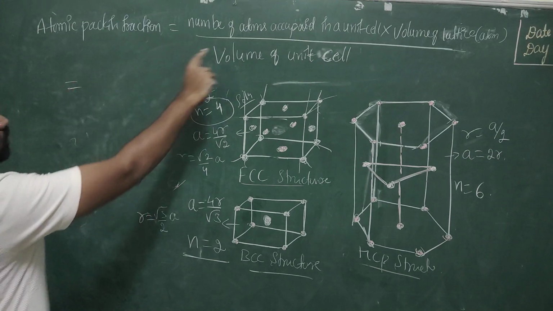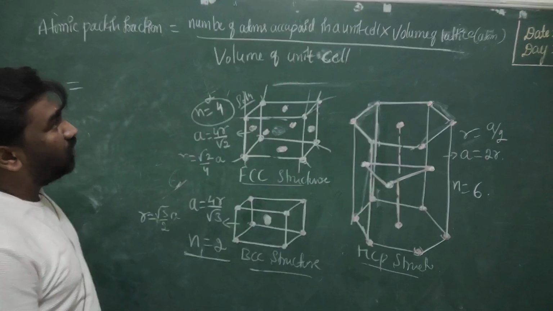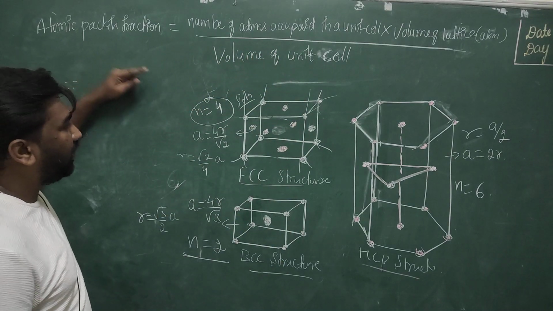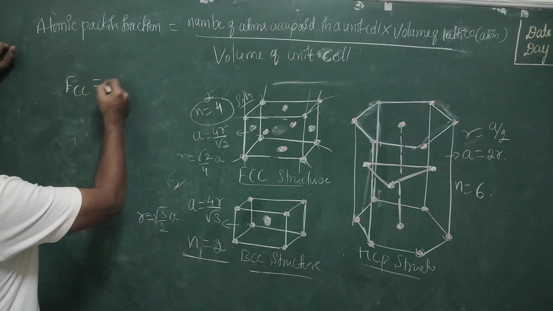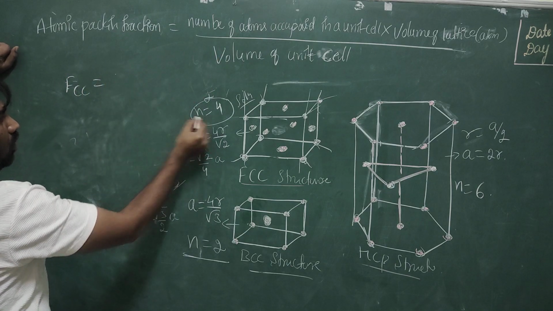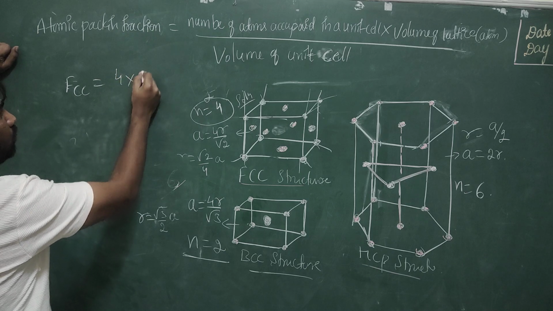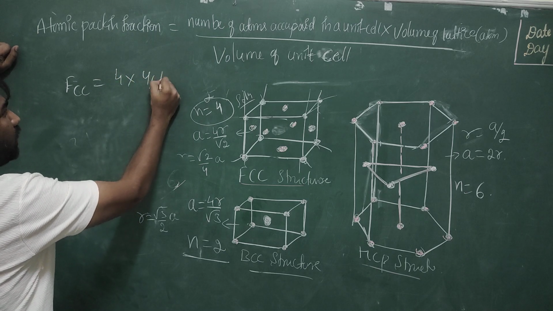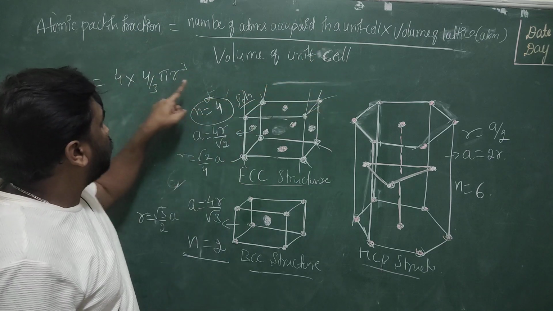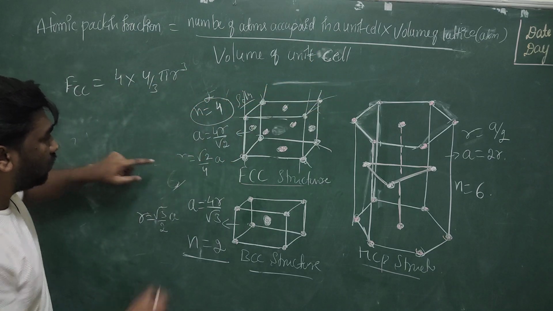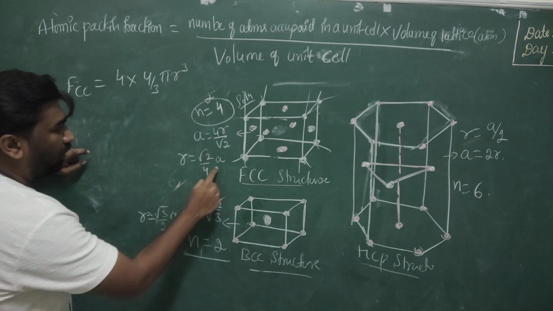So the packing fraction is equal to the number of atoms in a unit cell times the volume of an atom, divided by the volume of the unit cell. First I am going to calculate for FCC. For FCC, the number of atoms is 4, into 4 by 3 pi r cube, the volume of an atom. We know that r is equal to root 2 by 4 a.